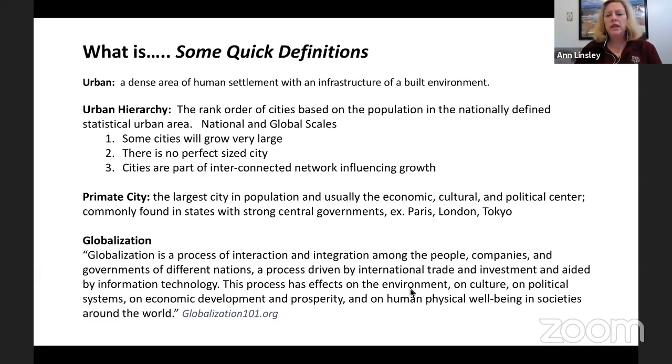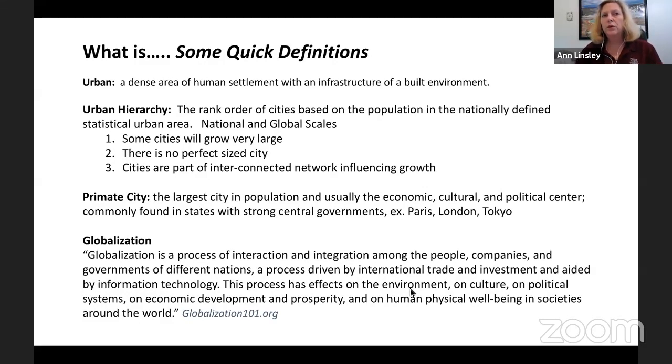The next one is a primate city. Primate city is further down in our different topic areas, but I'm mentioning it here because a lot of our global cities actually are primate cities. So if I use that word, we need to know what it is. A primate city is a city that has a significantly larger population than other smaller cities in a country.